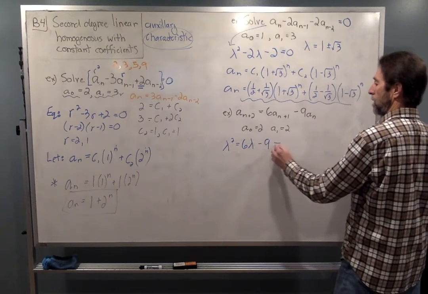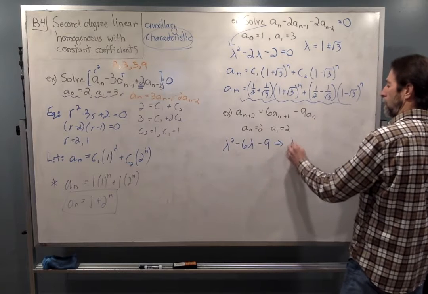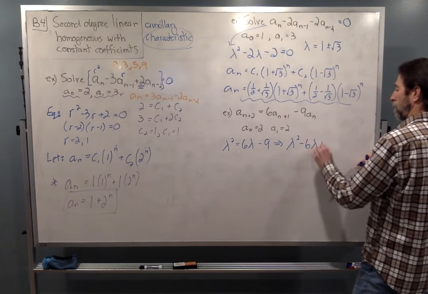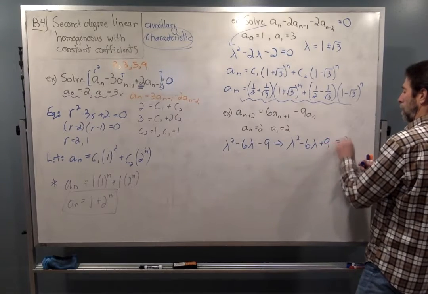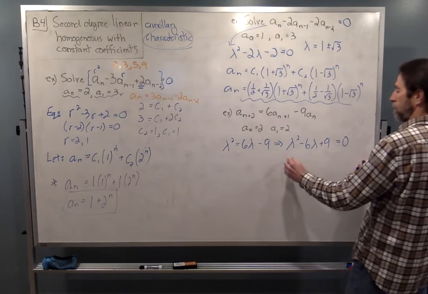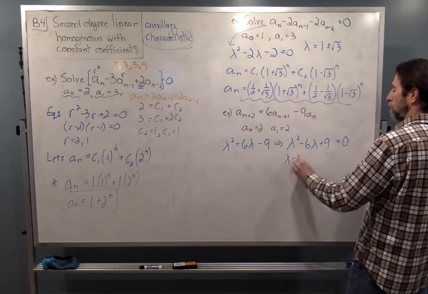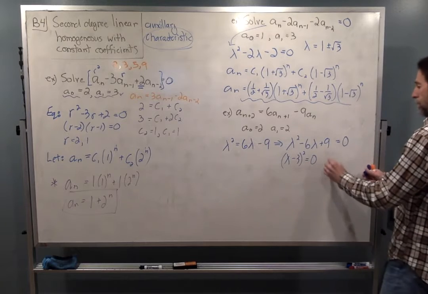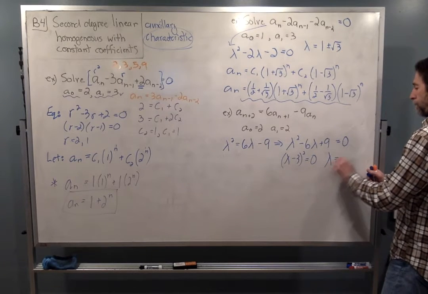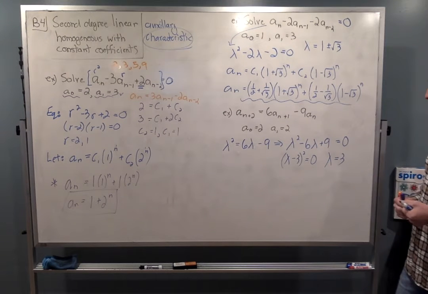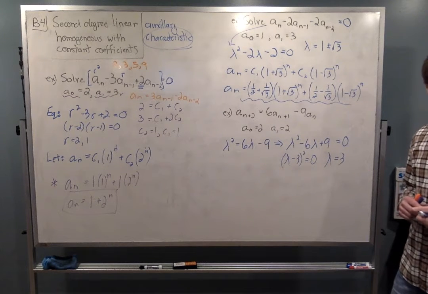So if I change that and set it equal to 0, I get my characteristic equation. Solving that characteristic equation, it is a perfect square. So I get lambda to be 3.